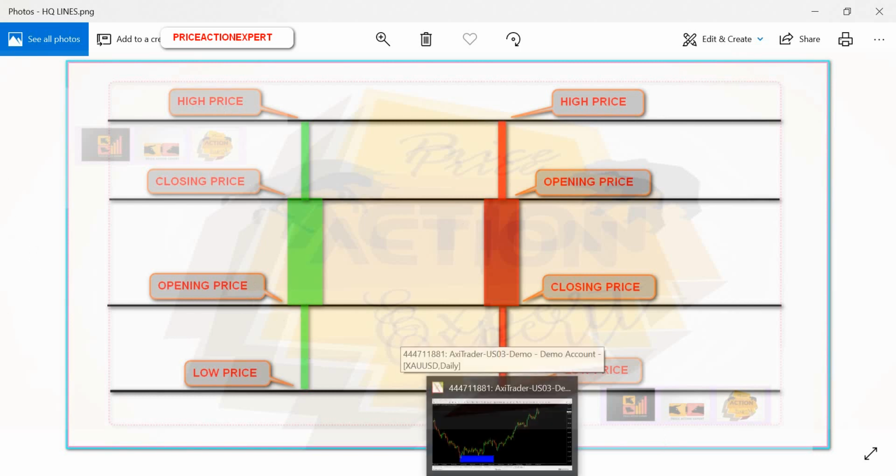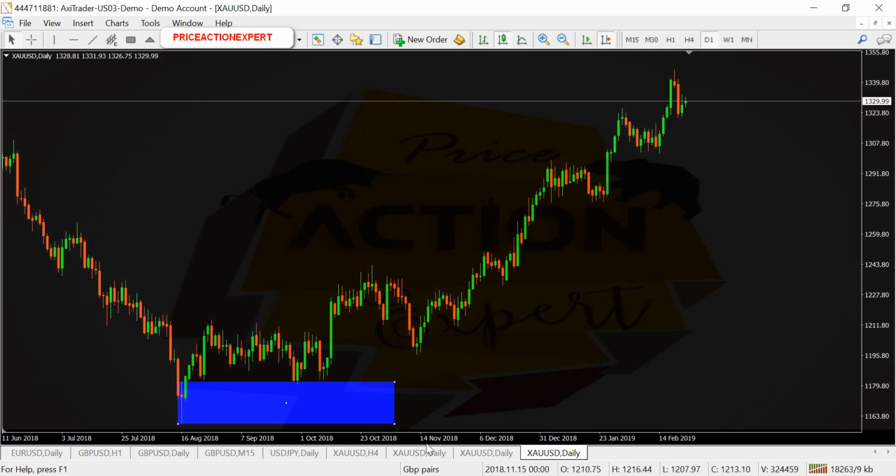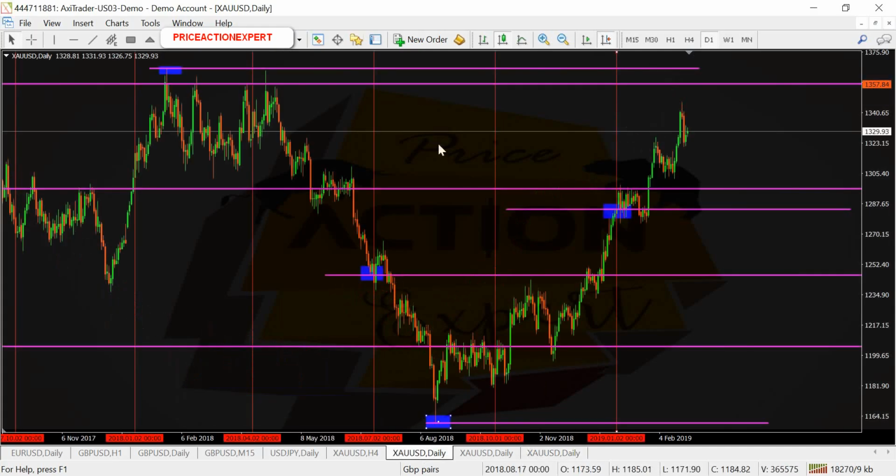Okay, let's move to the chart. First, I'm going to show how to draw support and resistance in gold. It will be very useful, so you can combine and analyze once the video is finished. You can do this in any market, on any currencies or any stocks.